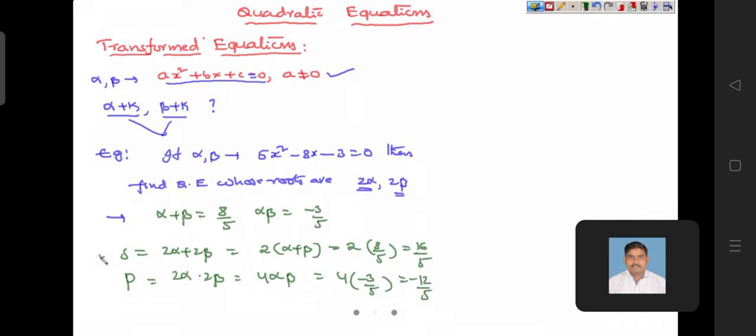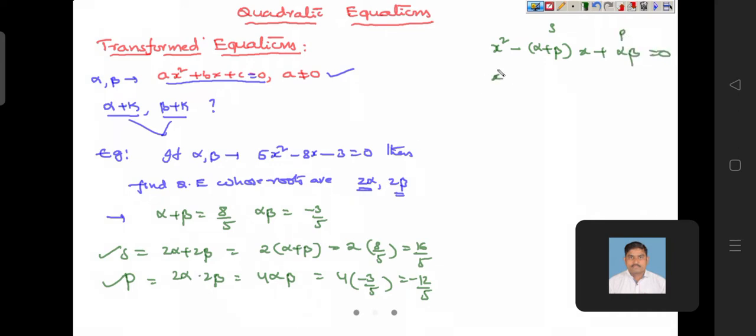When you know the sum of the roots and product of the roots, we can find the quadratic equation: x² - (sum of the roots) x + product of the roots = 0.